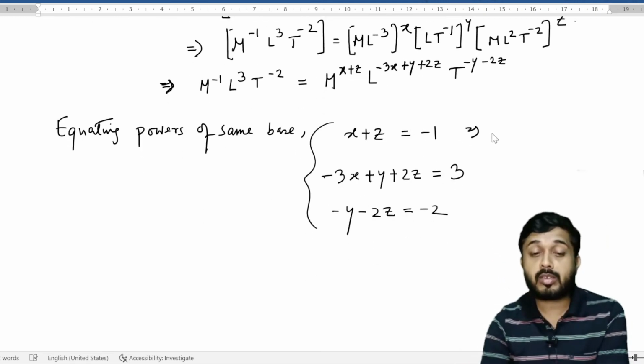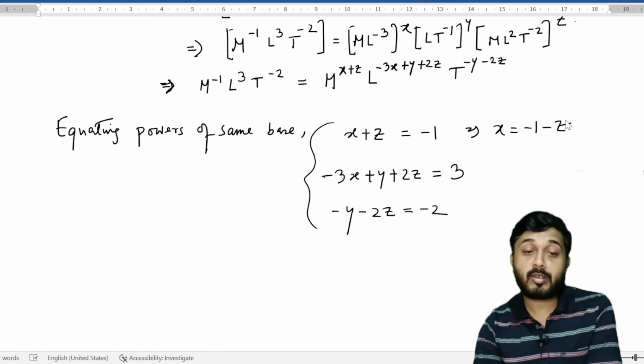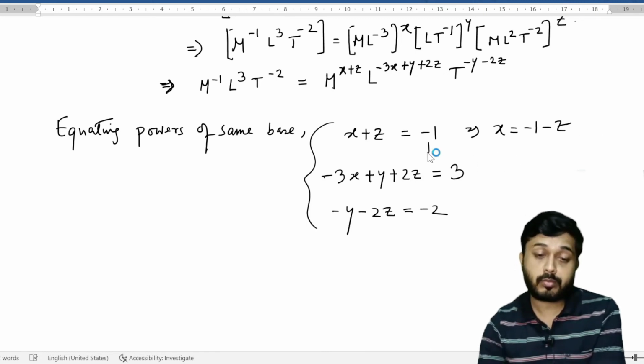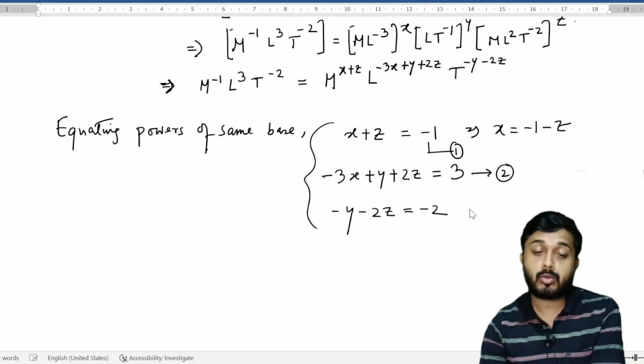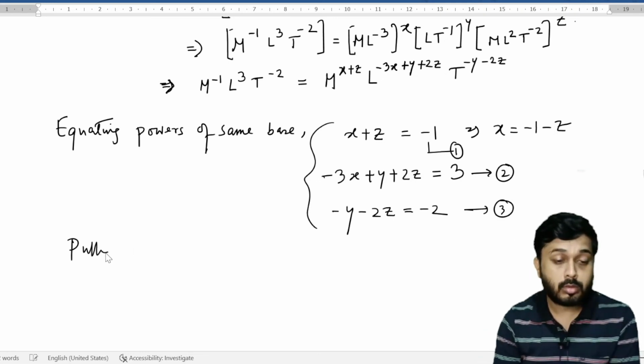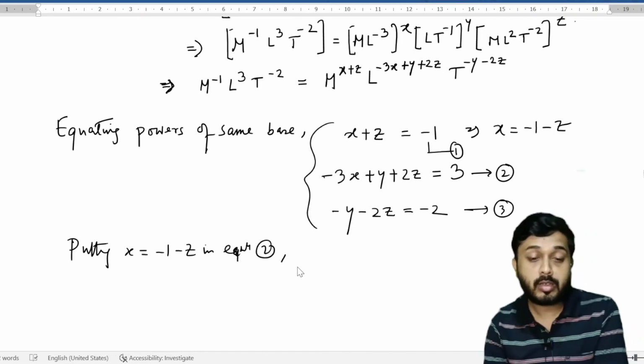So now see, from here am I able to write x equal to minus 1 minus z? Yes, of course. Put this value of x in equation 2. This is equation 1, this is equation 2, this is equation 3, right? Now putting x equal to minus 1 minus z in equation 2, what are we getting?